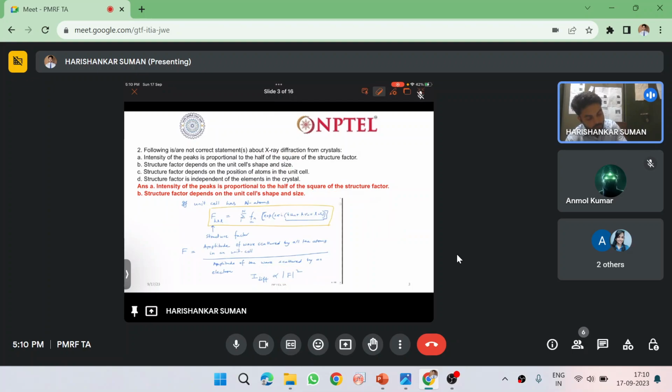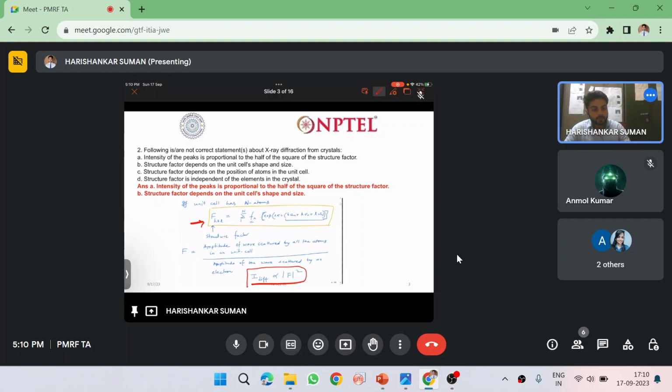Please remember this formula. The structure factor depends on the square of the amplitude, and we define it as F equal to the amplitude of the wave scattered by all the atoms in the unit cell divided by the amplitude of the wave scattered by an electron. This is the definition of a structure factor.